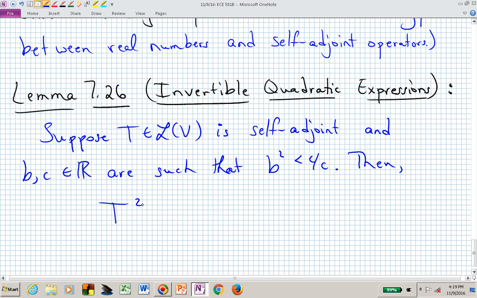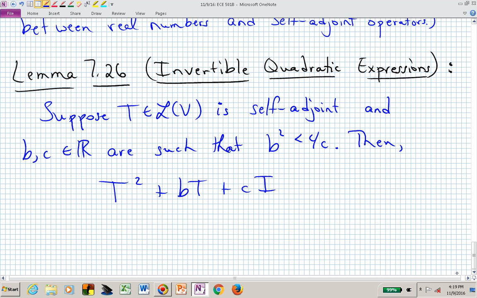Then T squared plus BT plus CI, do you see how we've now substituted this self-adjoint operator in the place of a scalar or a real number x? And I is now a placeholder for the identity map, when before in our expression we just had the scalar c.